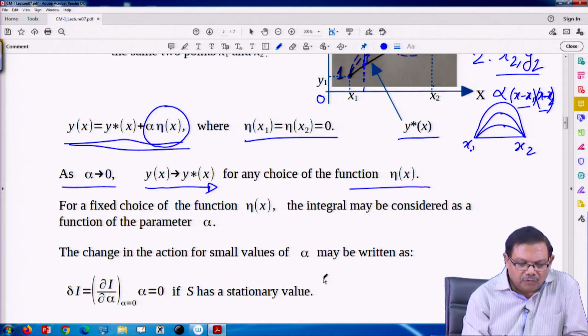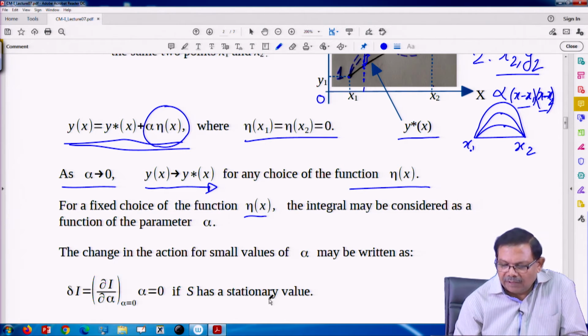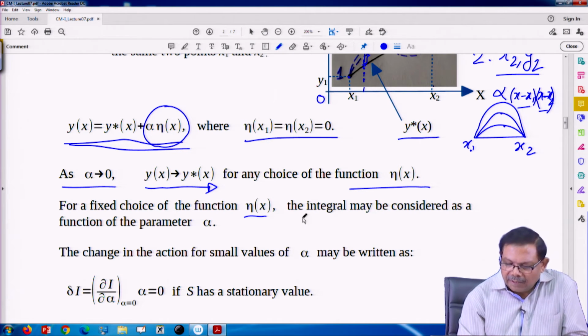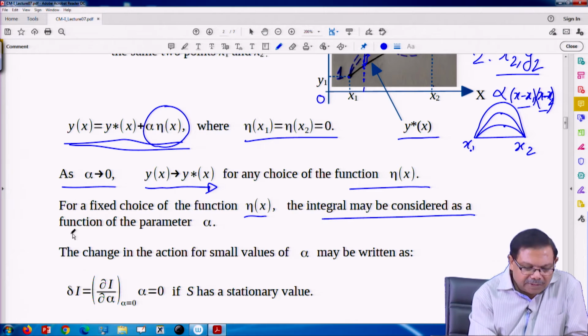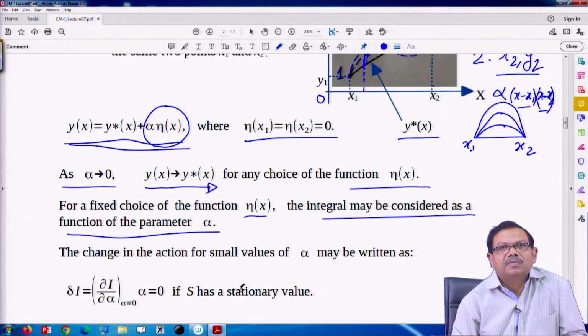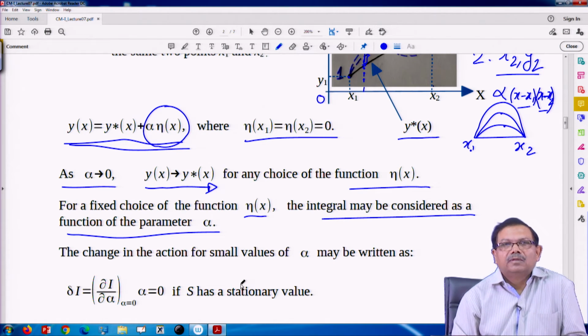So, for a fixed choice of function eta x, the integral may still be varied because the curves are varied, and the integral may be considered as a function of alpha, because that is the parameter that we are varying. For a given case, let us say eta x is fixed.